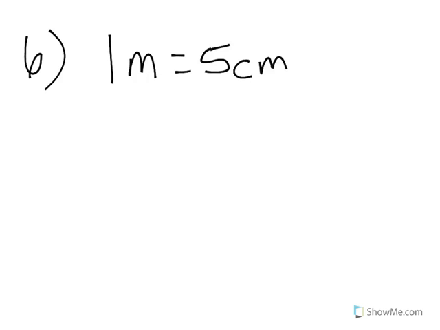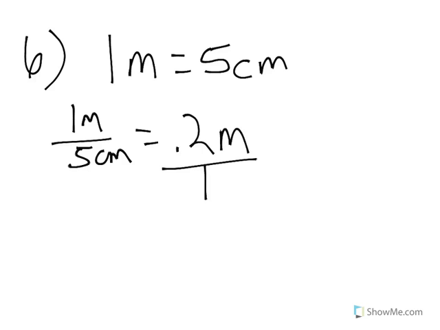Number 6. The image of a meter stick in a photo is 5 centimeters long. What is the scale factor? So you could say 1 meter is 5 centimeters, or we could figure out how much a centimeter on the paper is. So we would do 1 meter divided by 5 centimeters, and we would get 0.2. What this means is there are 0.2 meters for every 1 centimeter on the paper.